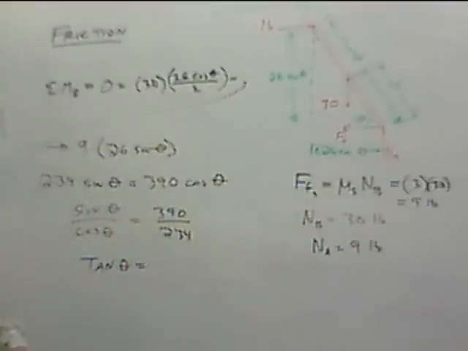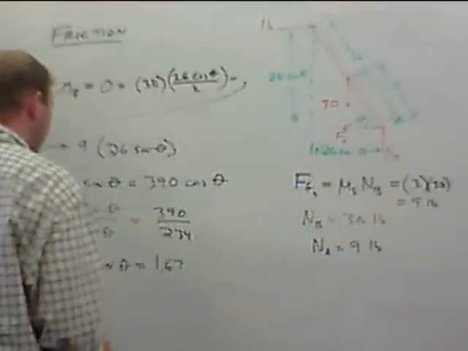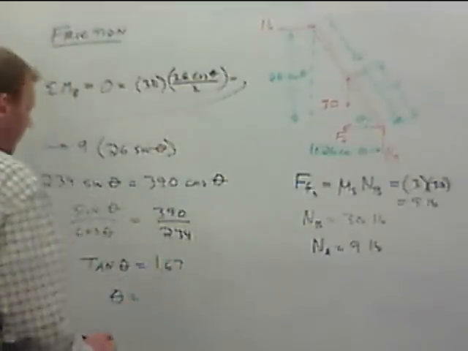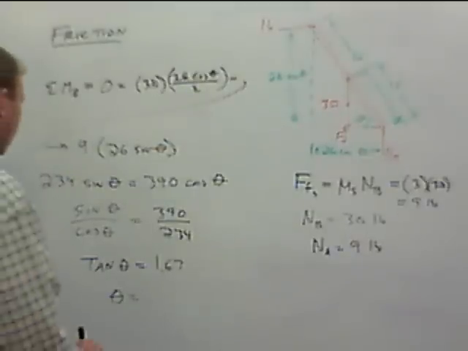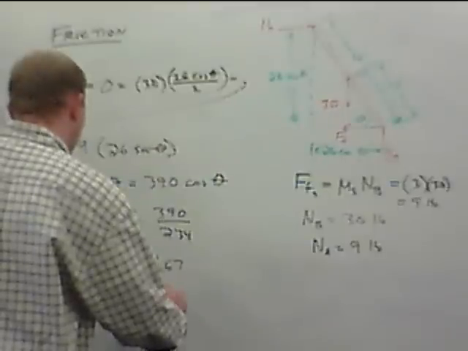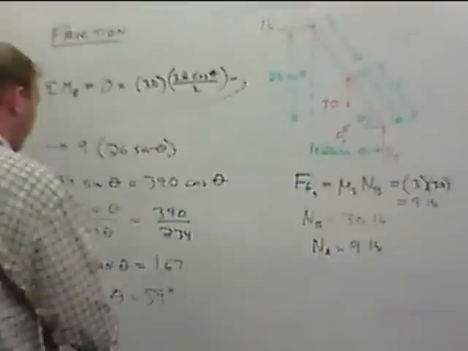This equals 390 divided by 234, which is 1.67. Inverse tangent is 59 degrees. 59.03. So call it 59 degrees.